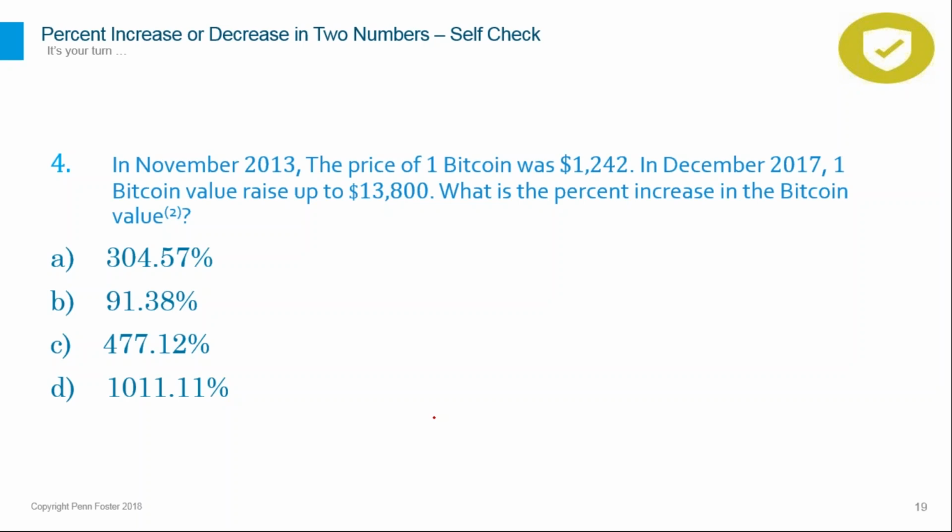So the price of one Bitcoin in 2013 was $1,242. In December 2017, one Bitcoin's value rose to $13,800. These are real numbers, by the way. What is the percent increase in the Bitcoin value?